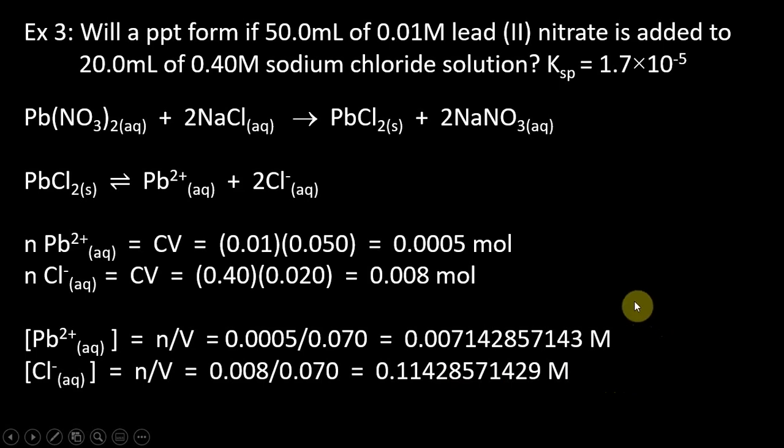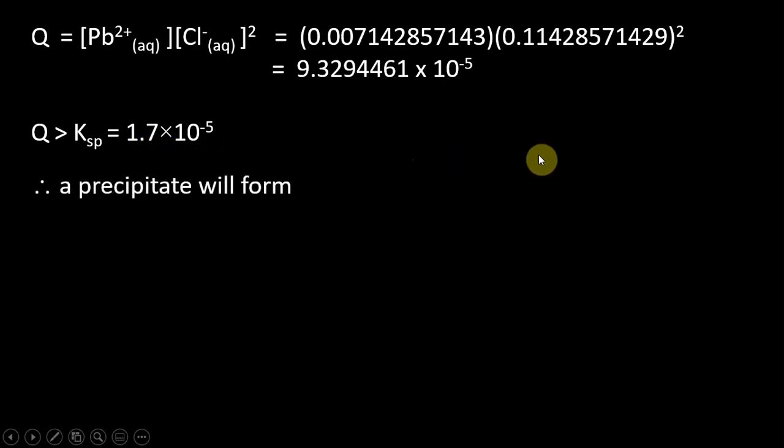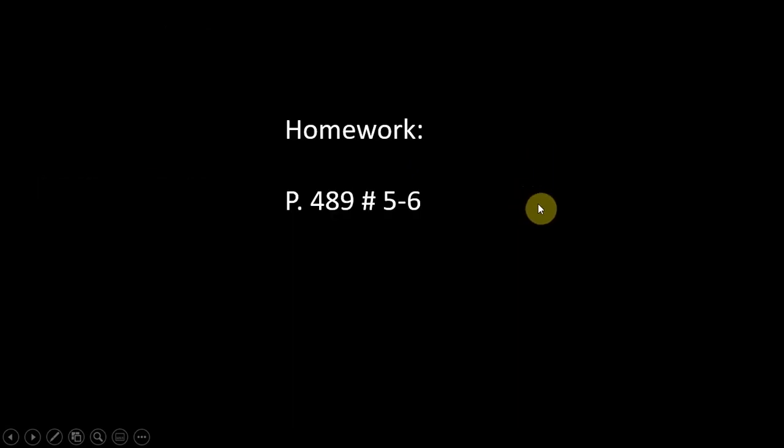Our ion product quotient gives us 9.3-ish times 10 to the minus 5. Comparing that to the Ksp, which is 1.7 times 10 to the minus 5, it's greater, and so we will get a precipitate in this case as well. All right, try these questions for homework, and we will discuss any problems you have in class.